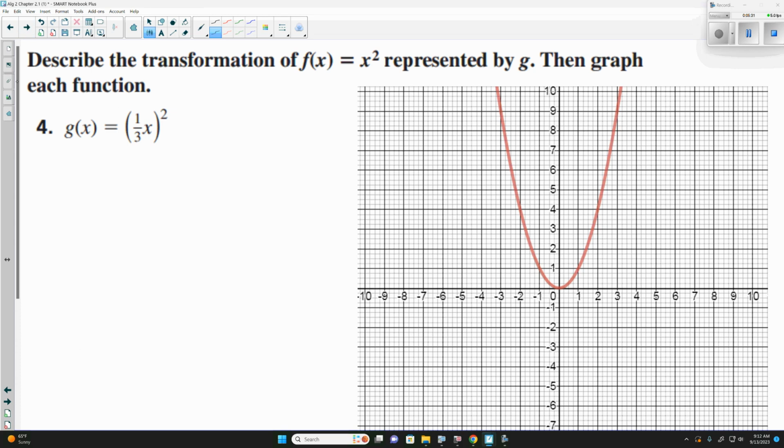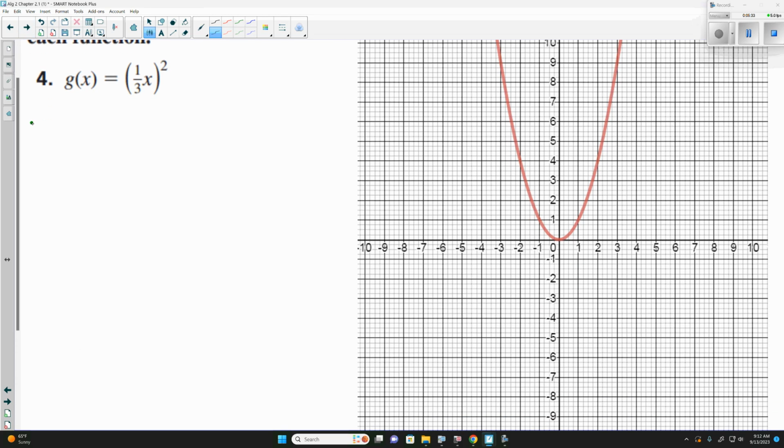Let's look at the next one. G of x equals 1/3 x squared. Because the 1/3 times the x is the only thing we have changed from x squared.